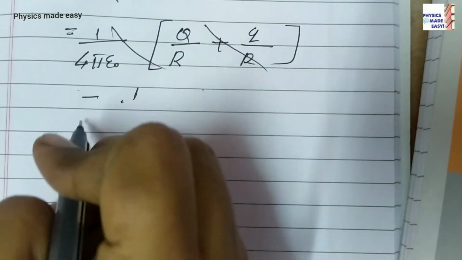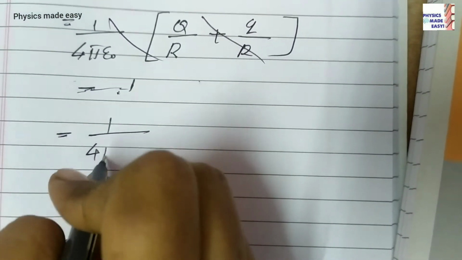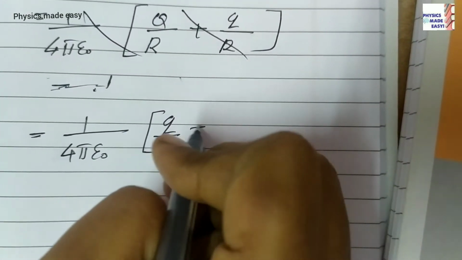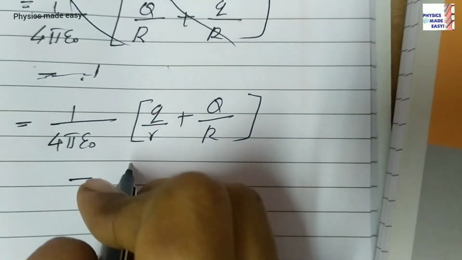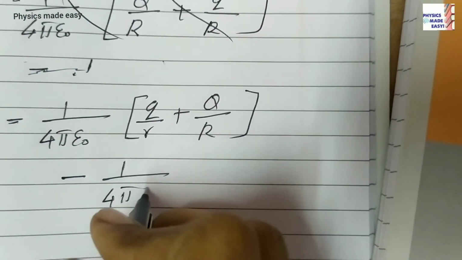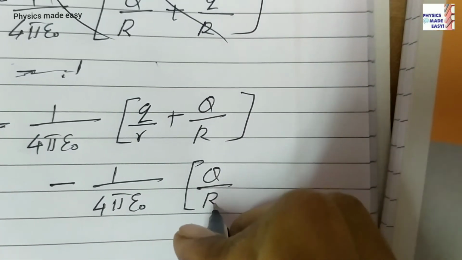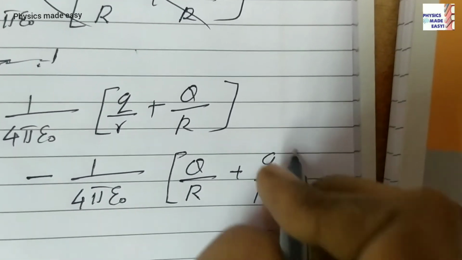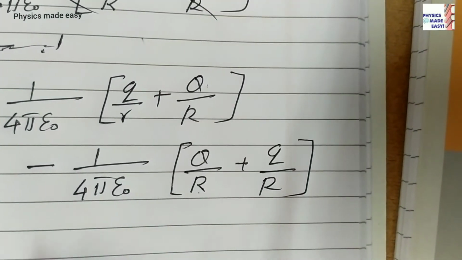Children, here first we write V_r, that is 1 by 4 pi epsilon 0 q by r plus Q by R, minus V_R, 1 by 4 pi epsilon 0 Q by R plus q by R. Here you can see Q by R and Q by R, so that will get cancelled.